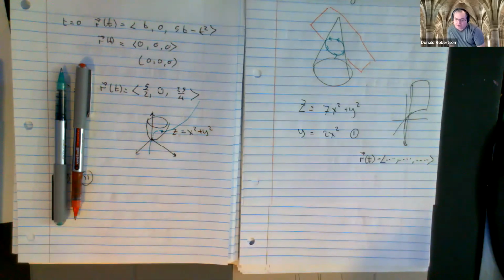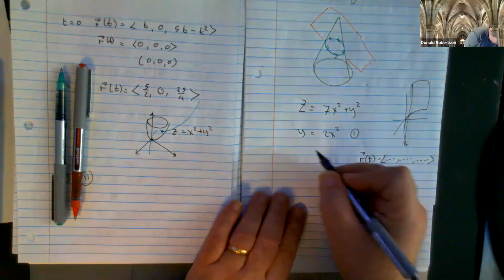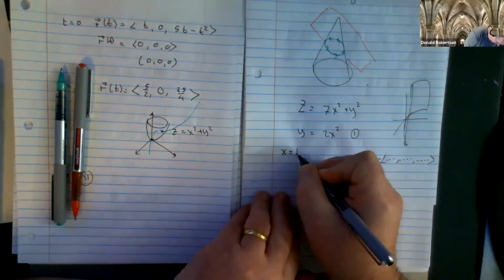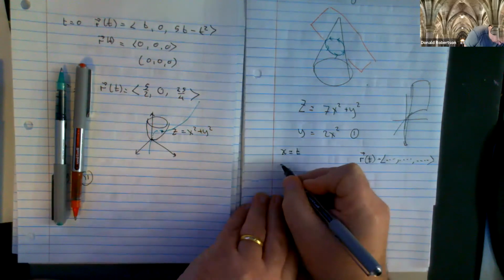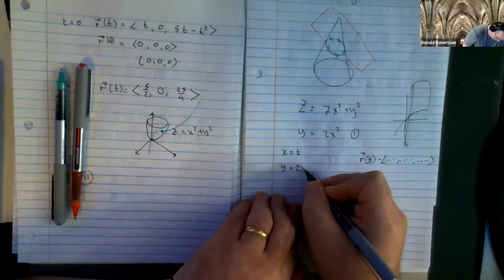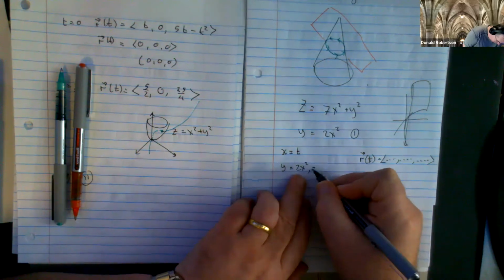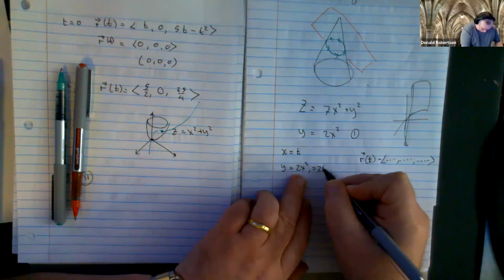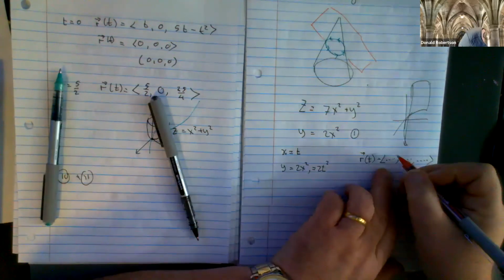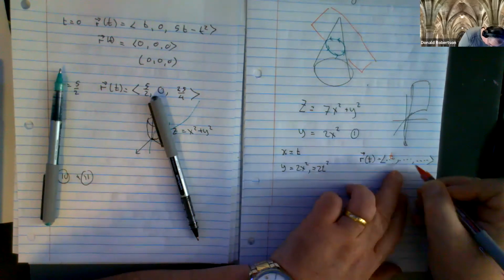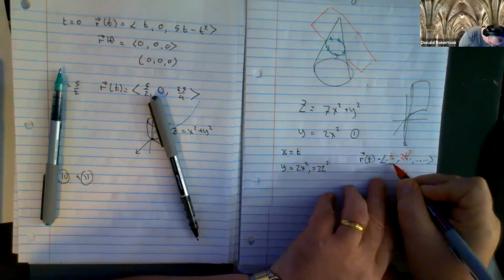So you choose the equation that's got two variables in it, in this case, y equals 2x squared, and you make x equals t. And since y is 2 times x squared, y will now be 2 times t squared, which means this is t, and this is 2t squared, because this is x and this is y.